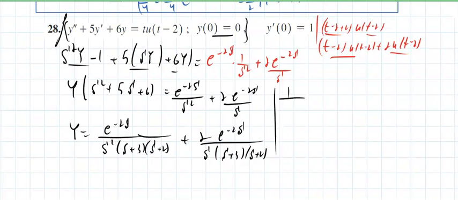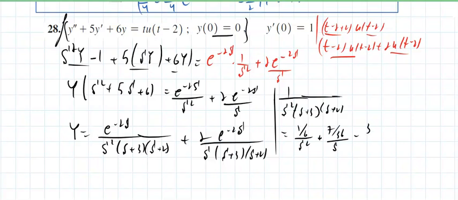And if I take 1 over s squared into s plus 3 into s plus 2, that turns out to be, if I'm not mistaken, 1 over 6 over s squared plus 7 over 36 over s minus 3 over 4 over s plus 2 plus 5 over 9 over s plus 3.